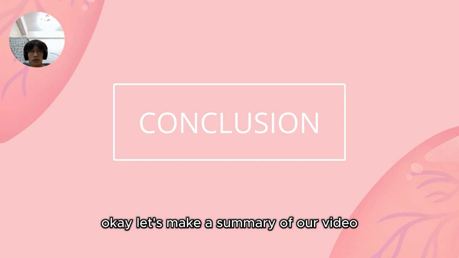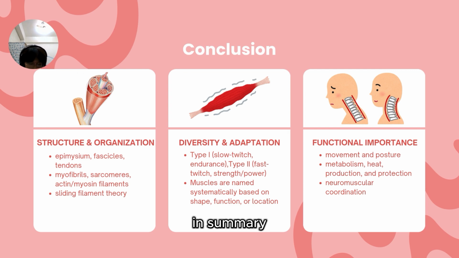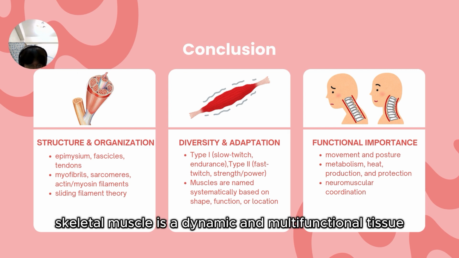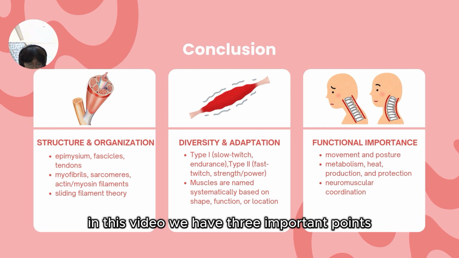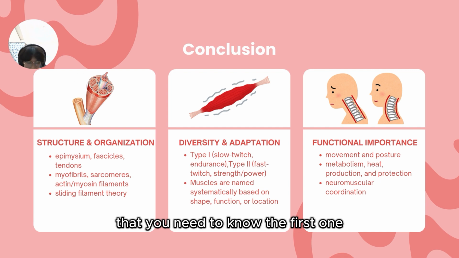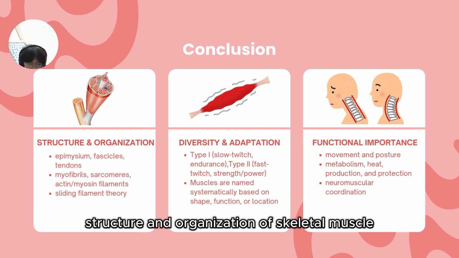Okay, let's make a summary of our video. In summary, skeletal muscle is a dynamic and multifunctional tissue essential for survival and quality of life. In this video, we have three important points that you need to know. The first one, structure and organization of skeletal muscle.